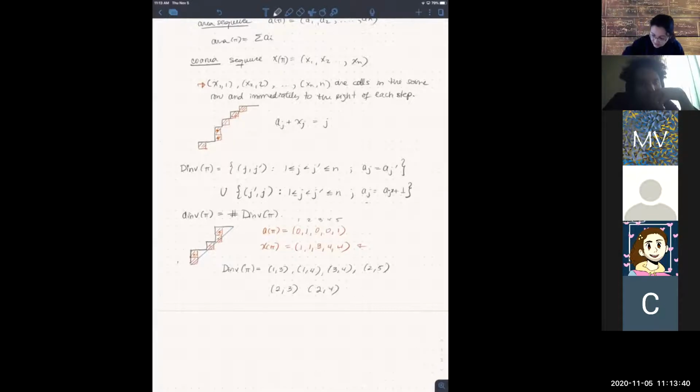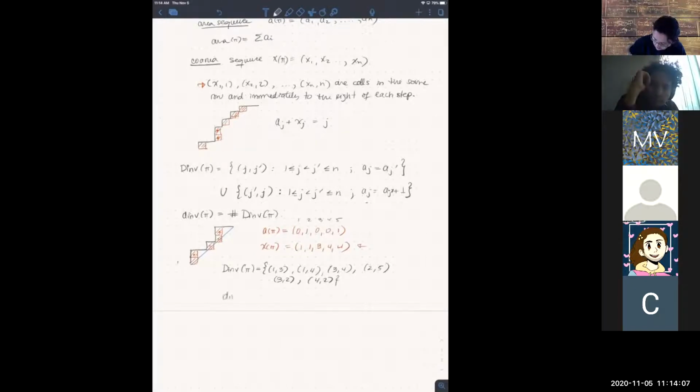And then you'll notice that here it's not j comma j prime, it's j prime comma j. So you need to flip those entries. So okay, this is really 3 comma 2. Yeah, thanks, Monica. It's just easier to think of writing them in the wrong order and then flipping them. Yes, that's totally fine. And then you flip this one, 4, 2.